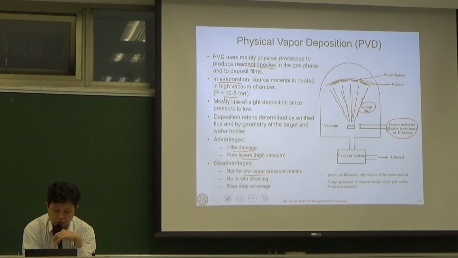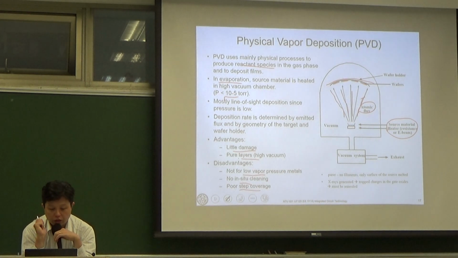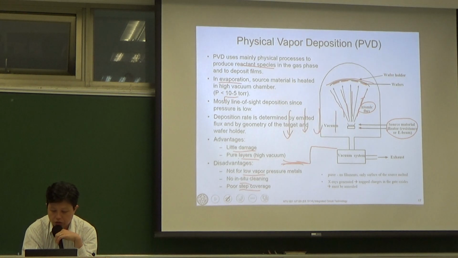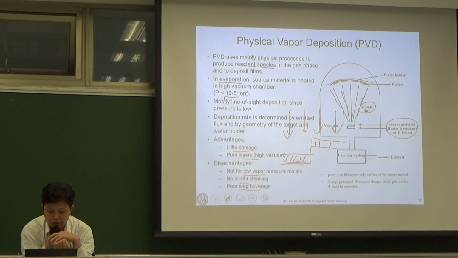And also low in situ cleaning and poor step coverage, because all the molecules are moving in line of sight. So let's say, for example, we have a step here. If all the molecules are moving in these directions, that's the extreme case I explained 8 hours ago.